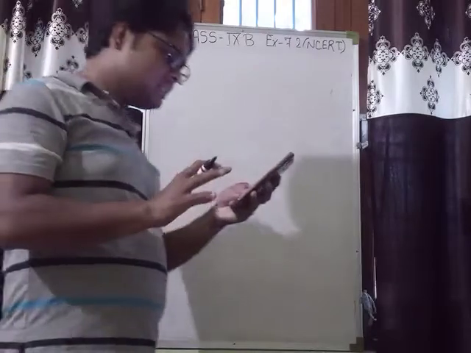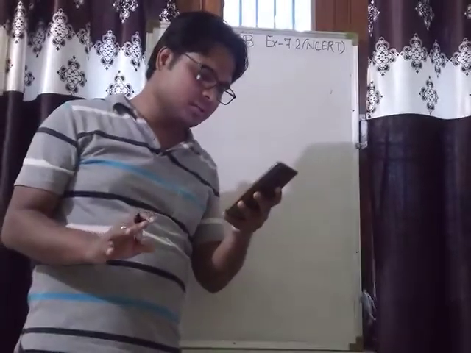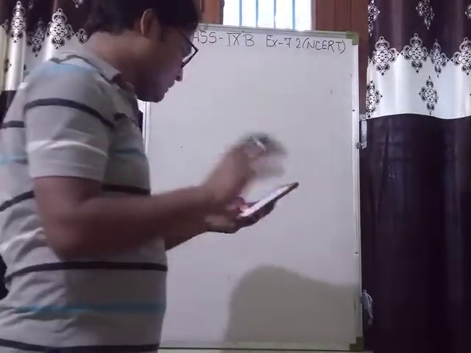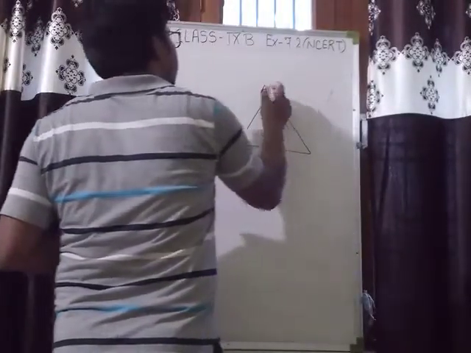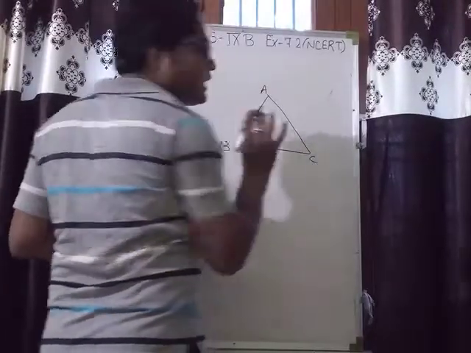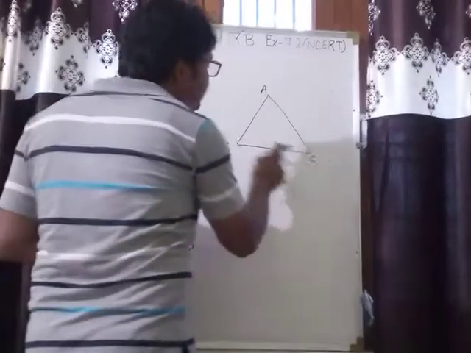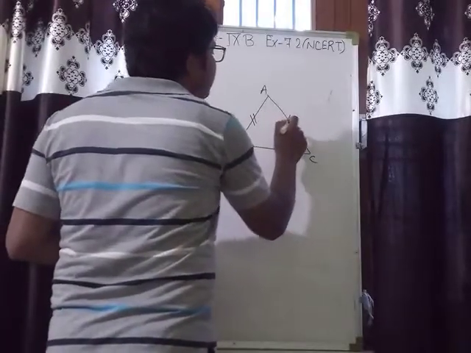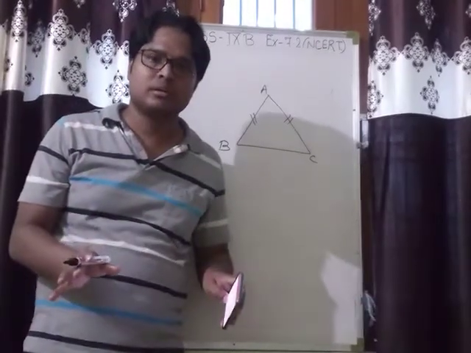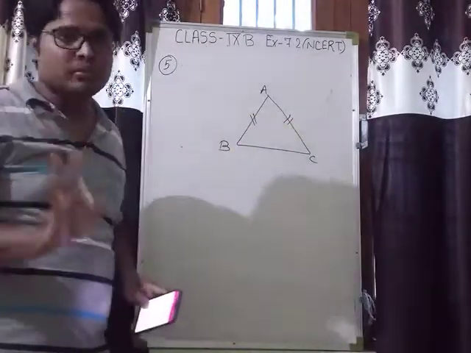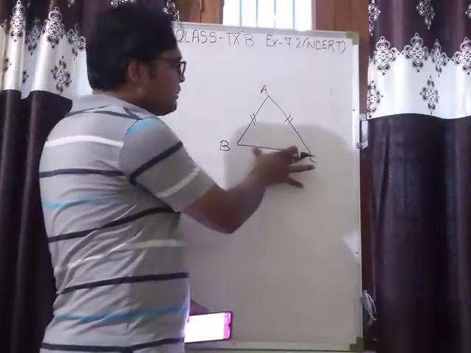ABC and DBC are two isosceles triangles on the same base BC. See, ABC is an isosceles triangle with base BC.